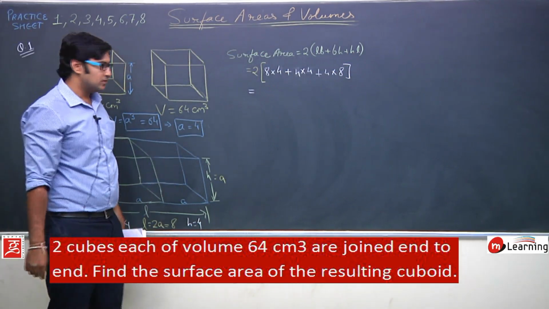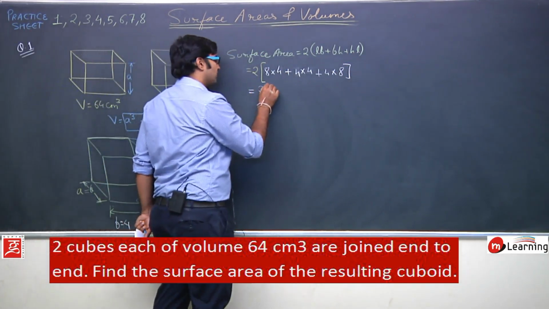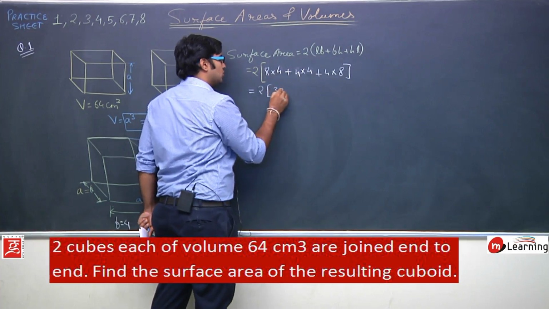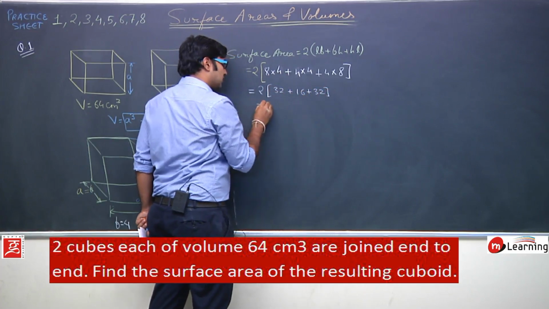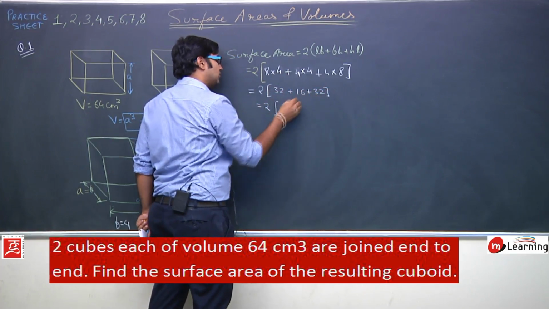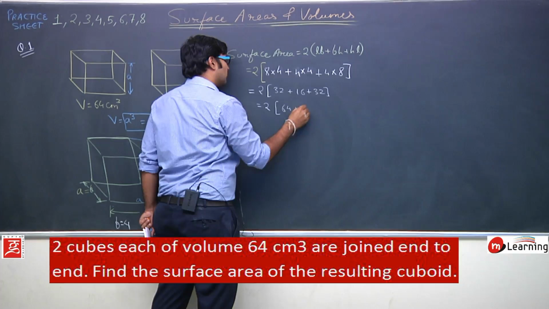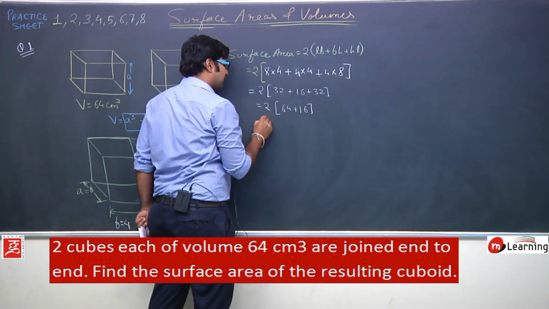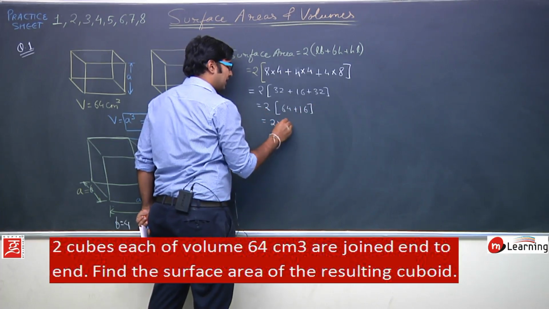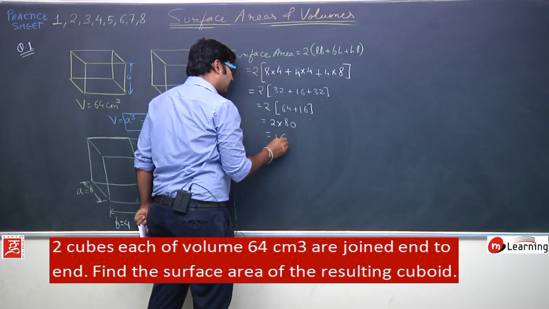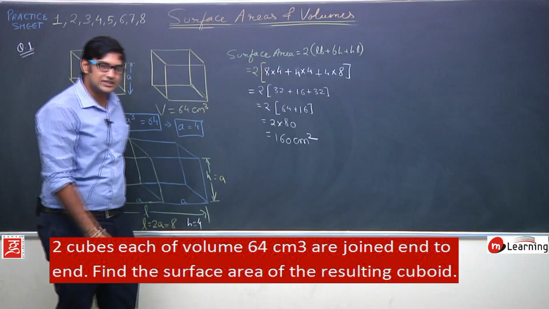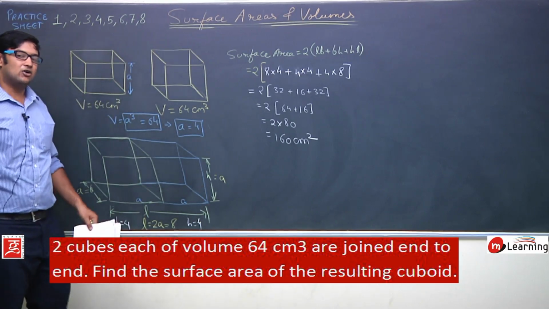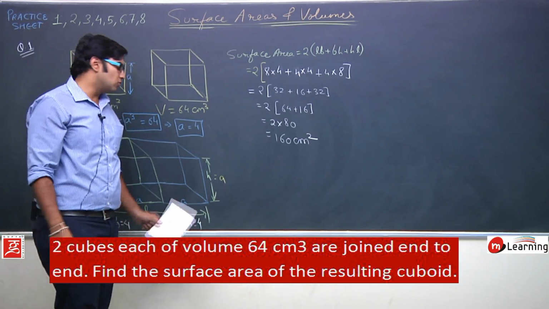It will be 2 times (32 plus 16 plus 32), that is 2 times (32 plus 32 is 64, 64 plus 16), which is 80. So 2 times 80 equals 160 cm². This is the total surface area of this cuboid.